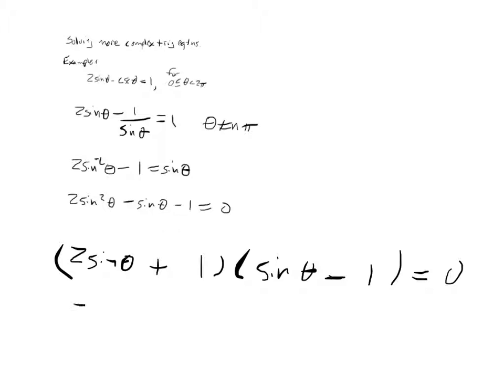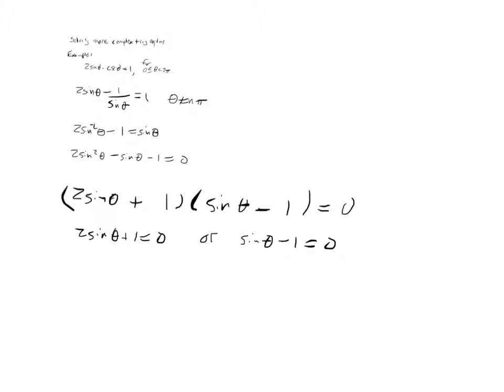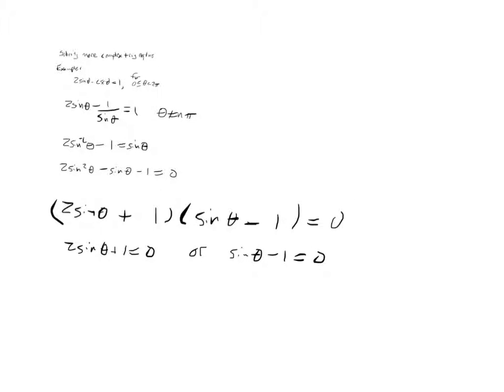So then I get 2 sine theta plus 1 equals 0, or sine theta minus 1 equals 0. And I solve, and I get sine theta equals negative 1/2, or sine theta equals 1.